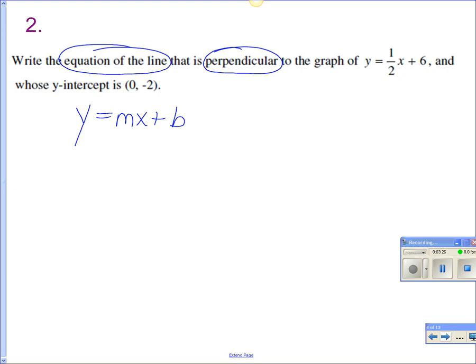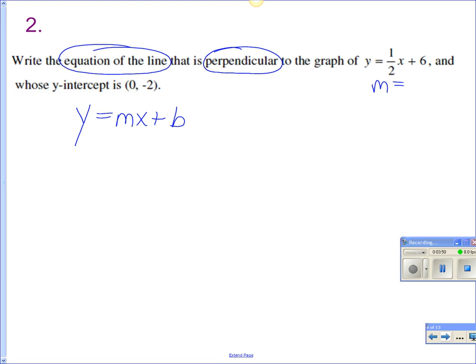When you see perpendicular, you're going to have to remember, it means to do what? Flip it and change it. So right here, I don't write m equals 1/2, because that would be keeping it the same. I'm not keeping it the same. I have to flip and change it.